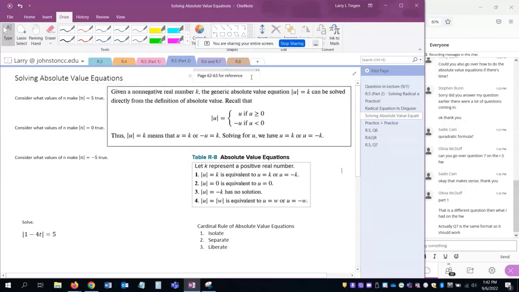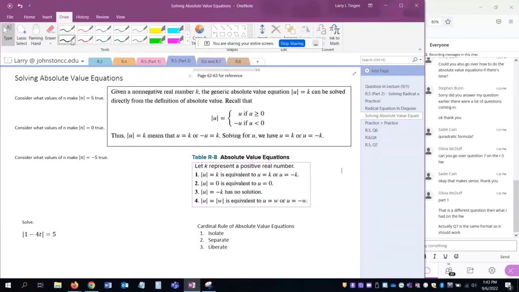Given a non-negative real number k, the generic absolute value equation, the absolute value of u is equal to k, can be solved directly from the definition below. The absolute value of u is u if u is greater than or equal to 0, and negative u if u is less than 0. That feels backwards, doesn't it? Doesn't feel like the way we dealt with it.